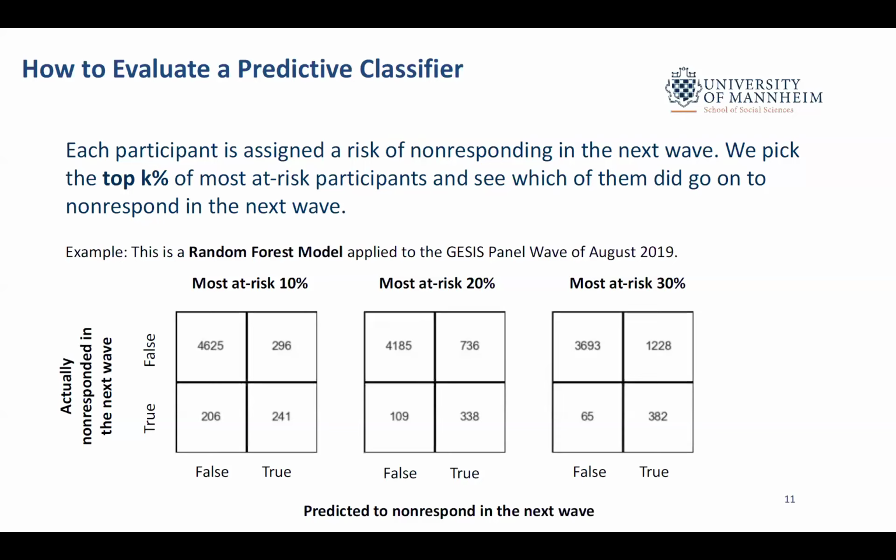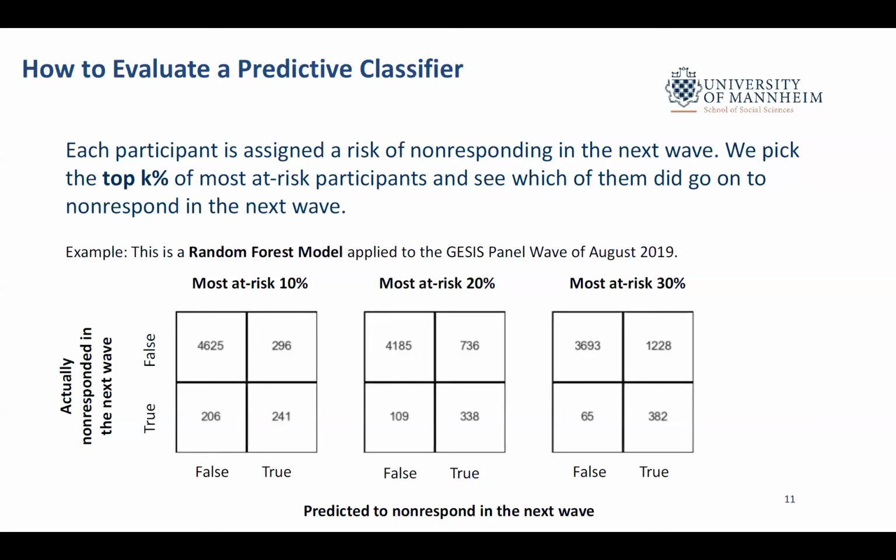Bottom right, we have a number that says 241. What that means is our model and us choosing to target the 10% most at risk people means that we would have targeted 241 people with incentives, and those are the people who did non-respond.